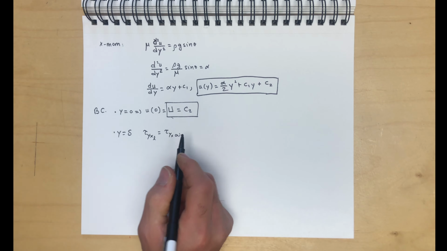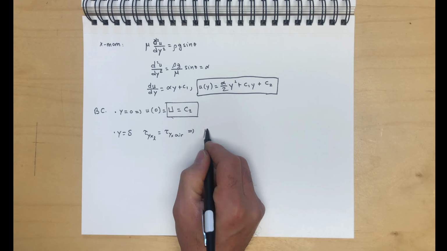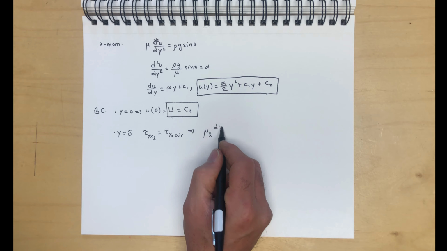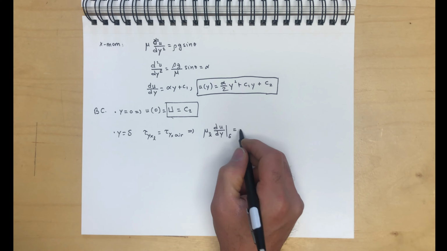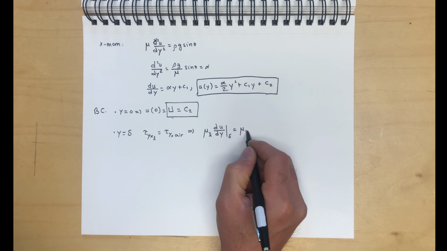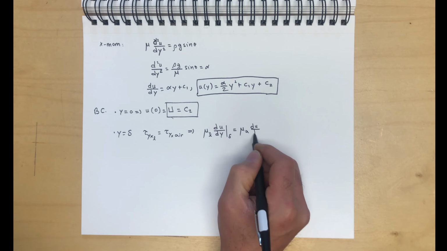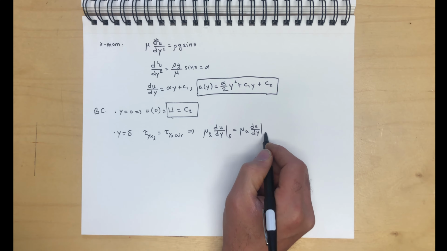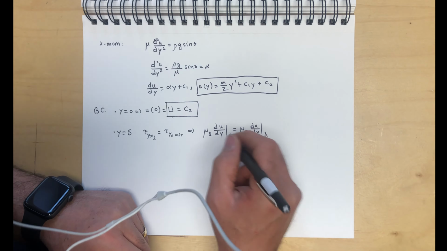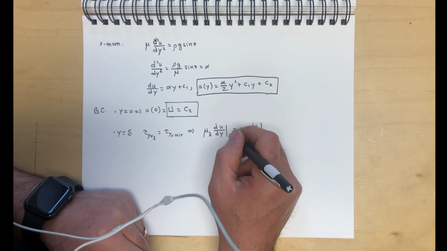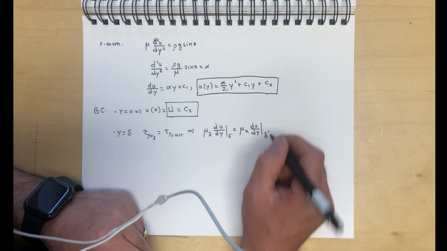So this implies that mu liquid du/dy at delta is equal to mu air du/dy at delta. Now, you could say this is delta minus and delta plus if you want.